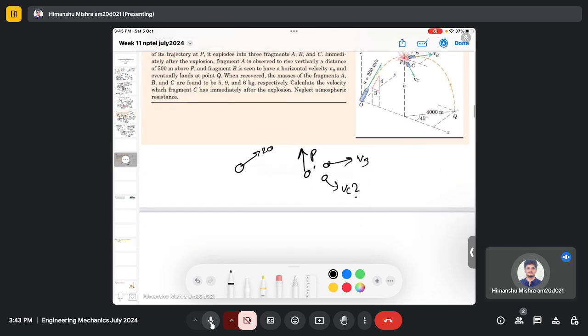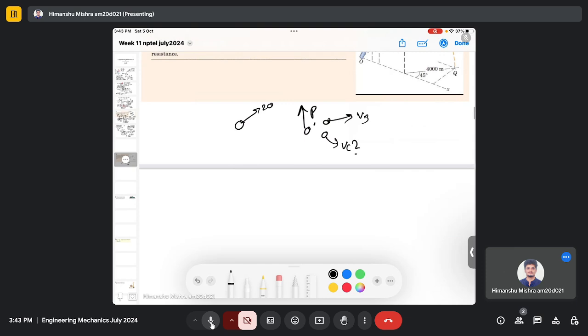So here we can use the momentum relation where the linear momentum is conserved, which means that this is my initial momentum of a single particle, equal to mVa, mVb and mVc. So this is the conservation of linear momentum.